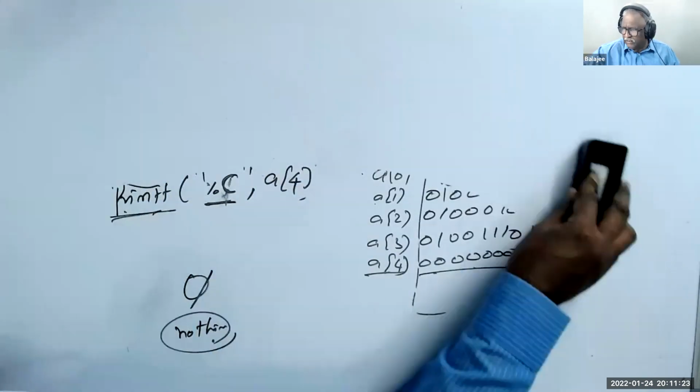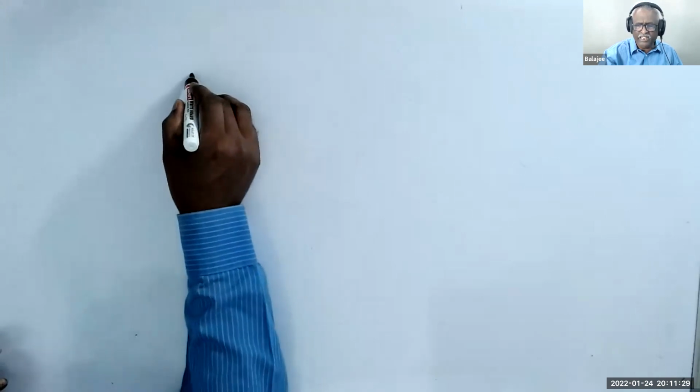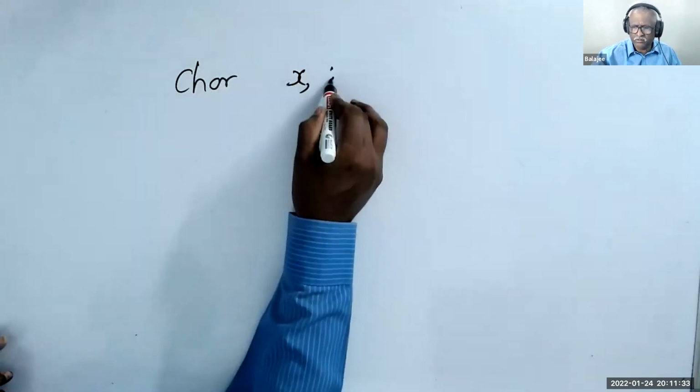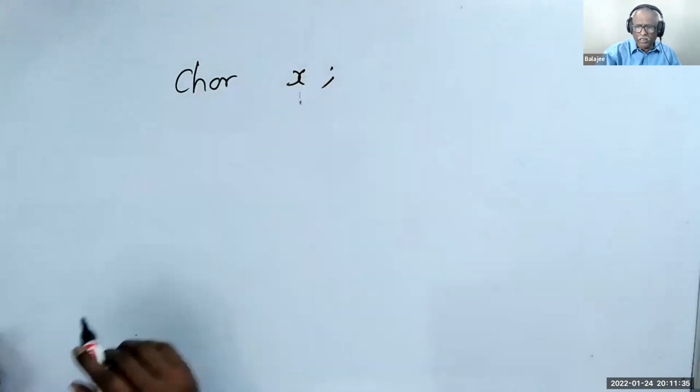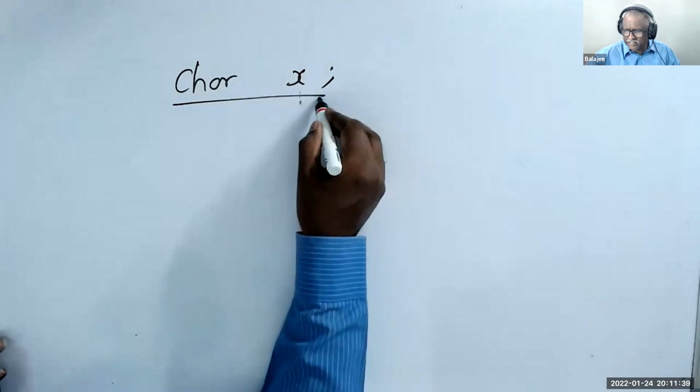Now, let us do one very important thing. This we already discussed, nothing more than that. They say char x. I have given an x. The moment the compiler compiles this line, it creates a symbol table.